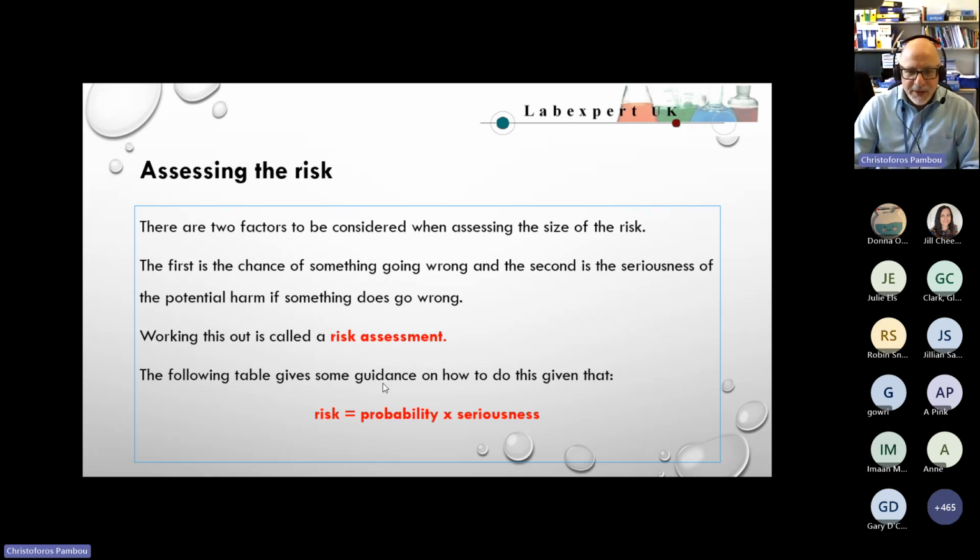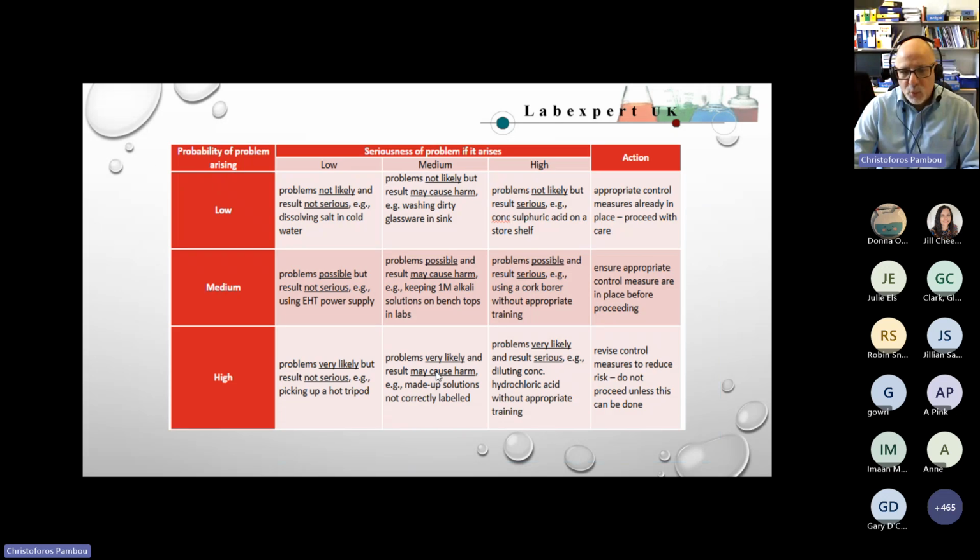And the tables in the next slide give some guidance on how to do this, given that the risk is a probability multiplied by the seriousness. If we look at one of my tables, and there are a couple which I'm going to show you today, we have the probability of a problem arising, low, medium, and high on this slide, going down the table.